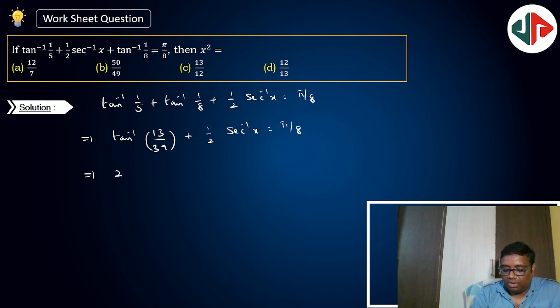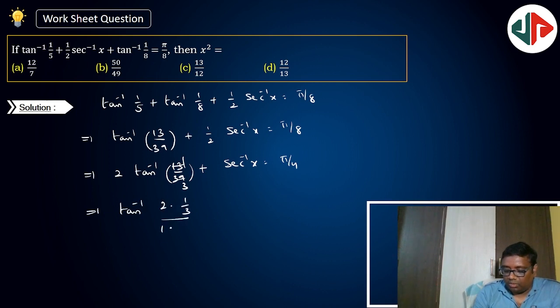Then it becomes 2 times tan inverse of 13 by 39 plus secant inverse of x is equal to pi by 4 only. This is 1 by 3, right? So this value is nothing but tan inverse of 2 into 1 by 3 over 1 minus 1 by 9, plus secant inverse of x is equal to pi by 4.